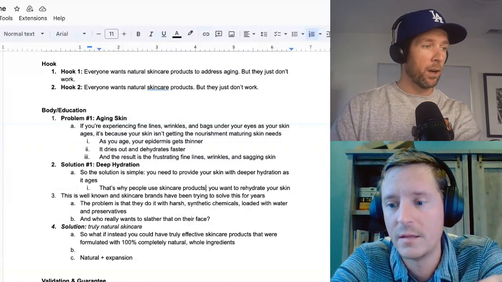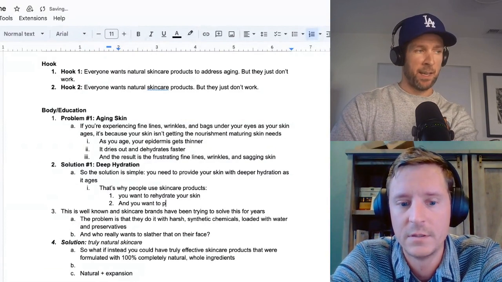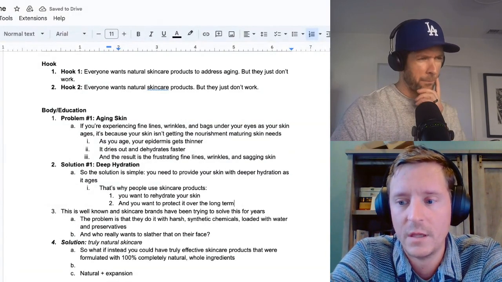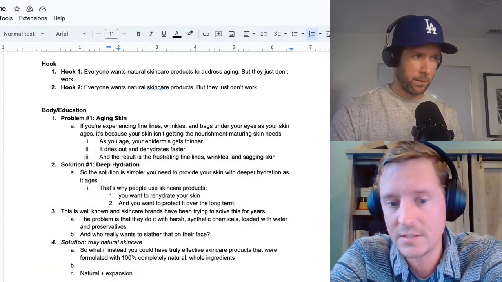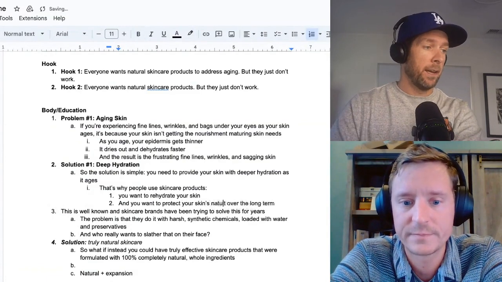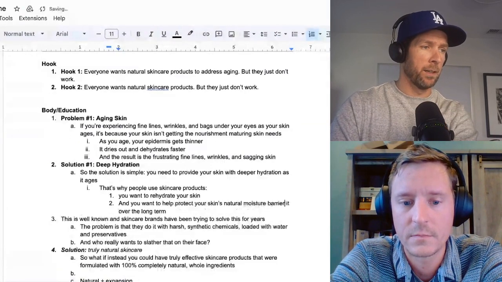I like that, hydrate and protect. Okay, you want to rehydrate your skin and you want to protect it over the long term. What are we protecting it from? What you're protecting is your natural moisture barrier is the way to say it. You need to protect your skin's natural moisture barrier, and you need to help protect your skin's natural moisture barrier over the long term.